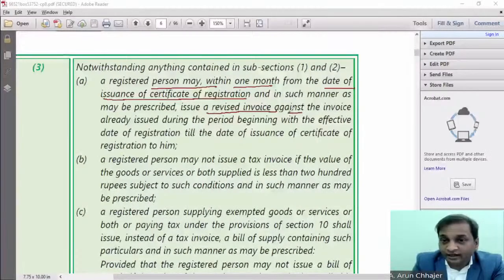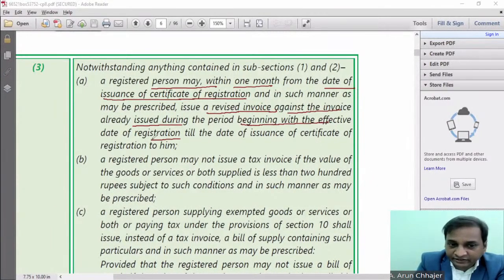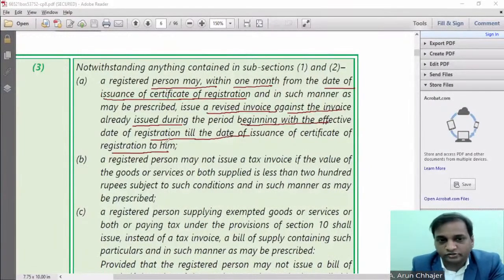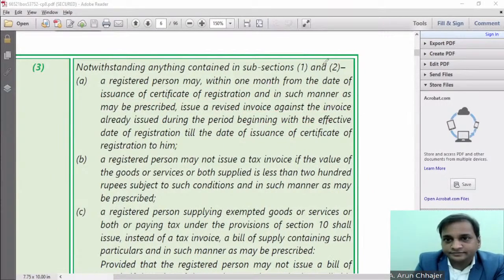Extremely sorry for that. Against the invoice already issued during the period beginning with the effective date of the registration till the date of the issuance of the certificate of registration. What is the provision?